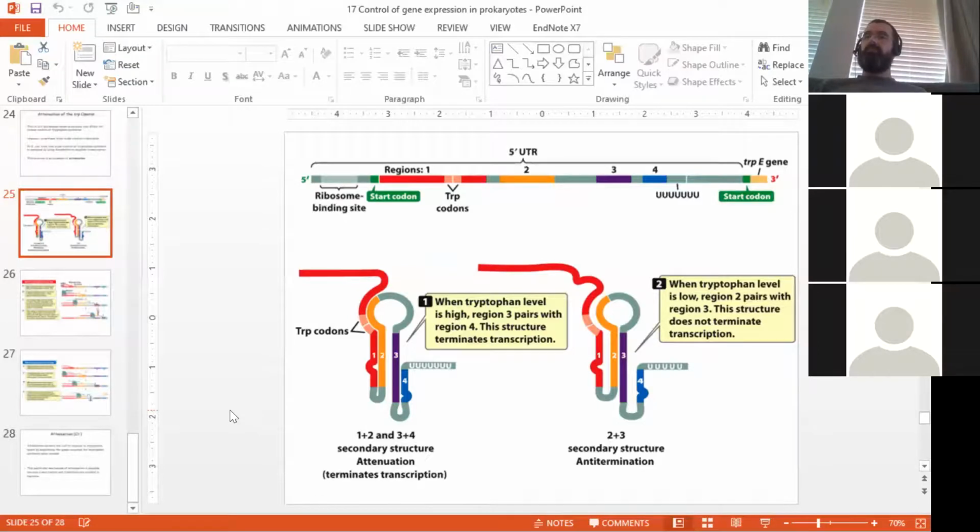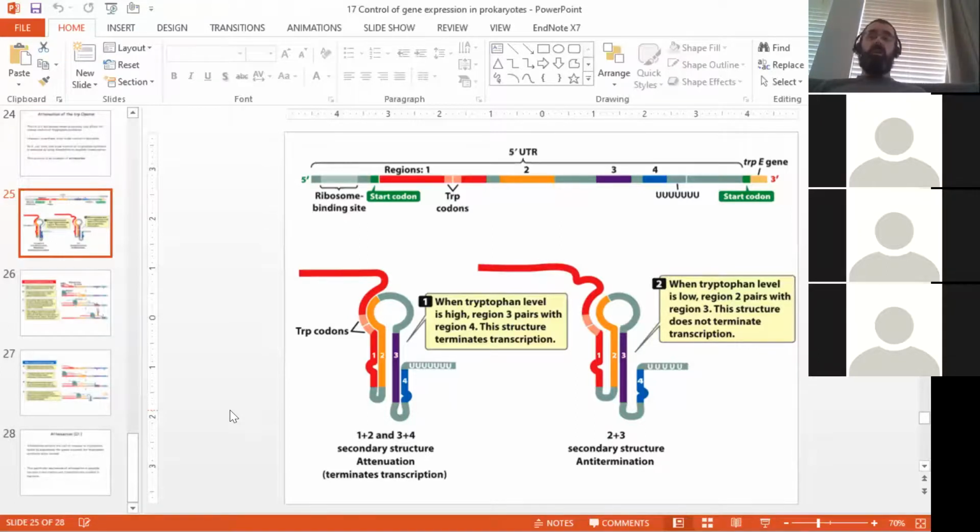How's that help? Cool. So again, remember what's the purpose, right? What's the bigger context, right? Is this an essential metabolite or thing, which tryptophan is, or is it something which only sometimes may be present, which lactose is, right?